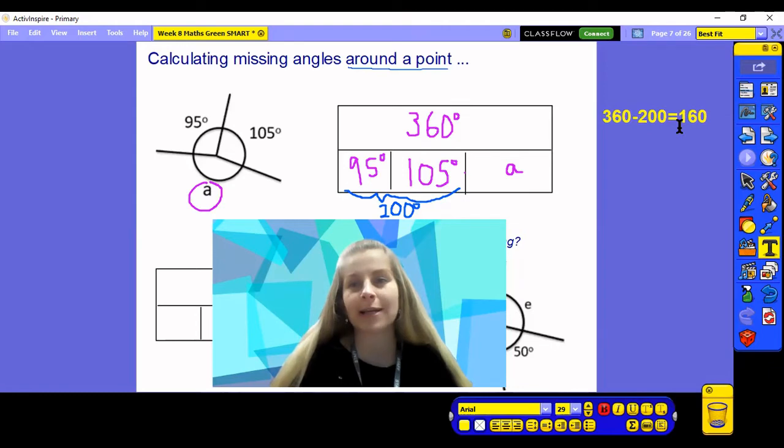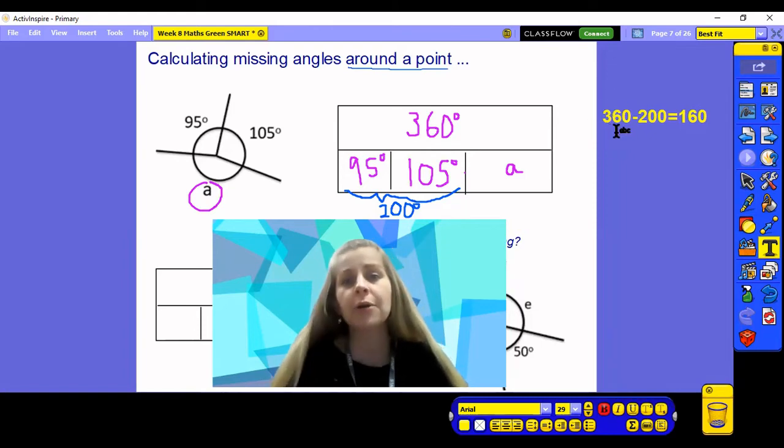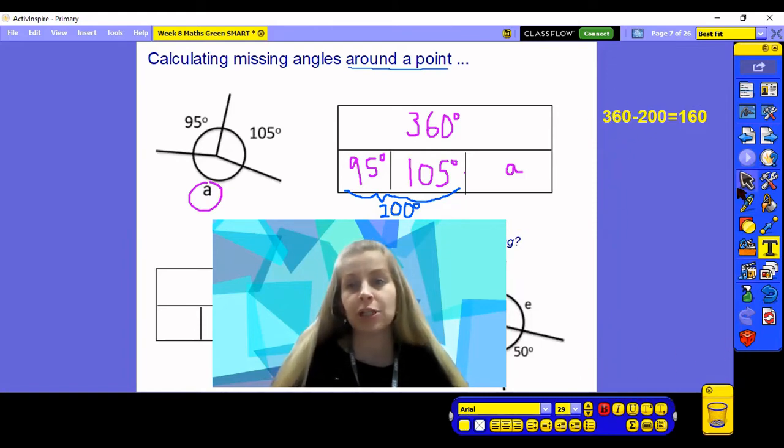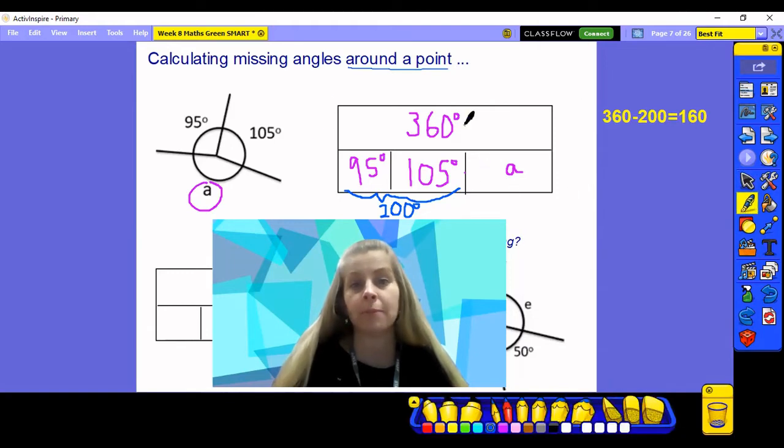Actually, this is quite a nice one for place value because you're only literally taking away 200 from your 300 in your hundreds column. So this gives me some information that I can add into my bar model and add back into my diagram before I can check that that indeed tells me that I've got all of the angles around this point. So if I was going to put it back in my bar model, I'll put it in a different color.